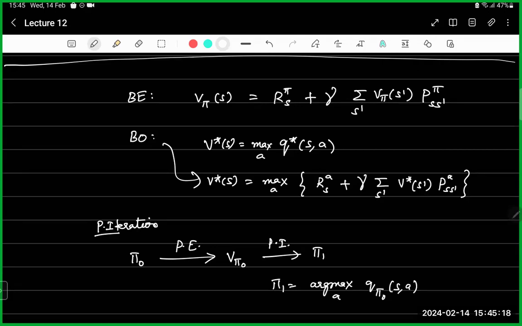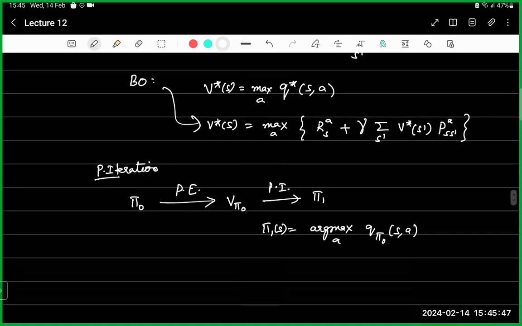This is how we improve the policy. You just evaluate your policy pi naught, then you behave greedily in the sense that in some state, you take the argmax. So in every state, you look at which action will give you the maximum value of q pi naught of S comma A and take that action.